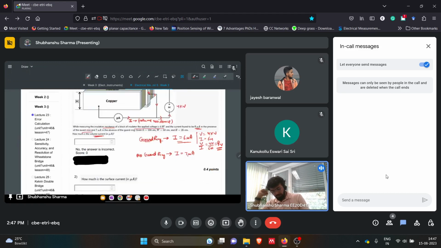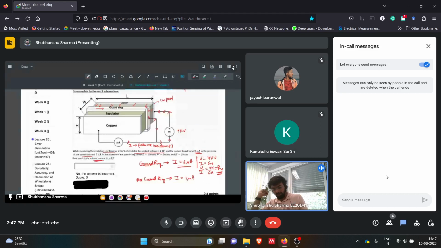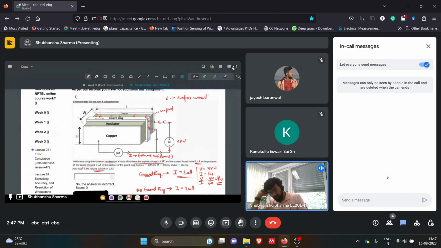So now I will tell what is happening without the guard ring. If the guard ring is not there, I will represent that with this current, this surface current in case of no guard ring. For clarity, I will remove this red thing.